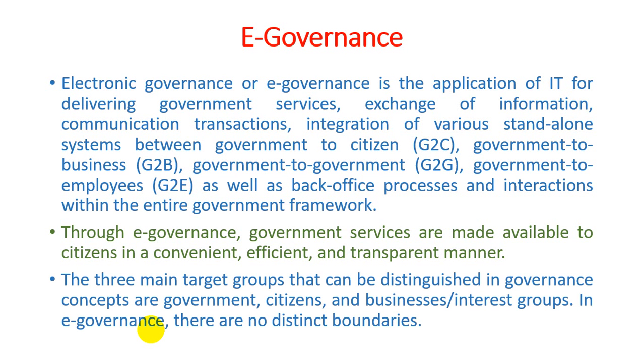Like I will just give you one example, your voter ID. It is one of the best examples of e-governance. Whenever you verify your Indian citizenship, you must have some identity which is authorized by the Indian government. It is one example of e-governance. In e-governance there are no distinction boundaries, because it is always acceptable all over India.